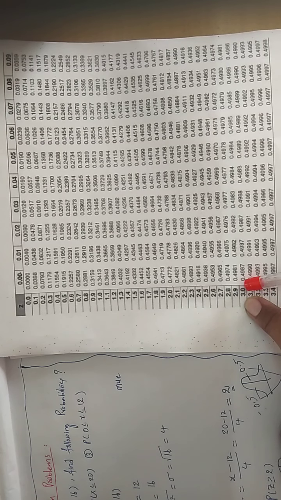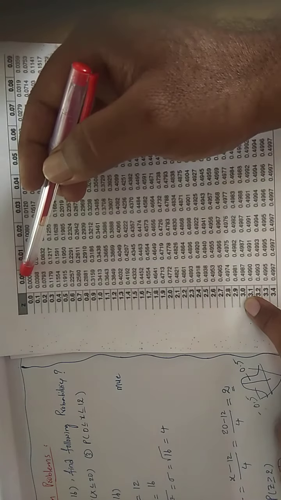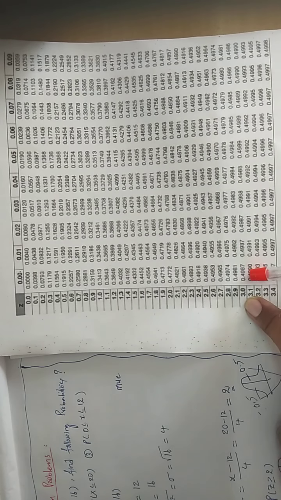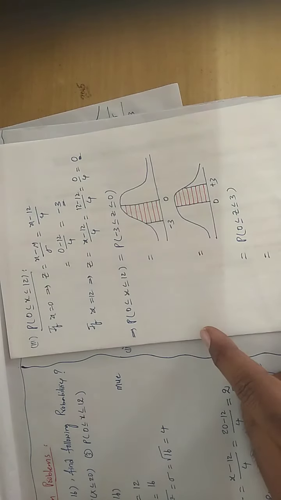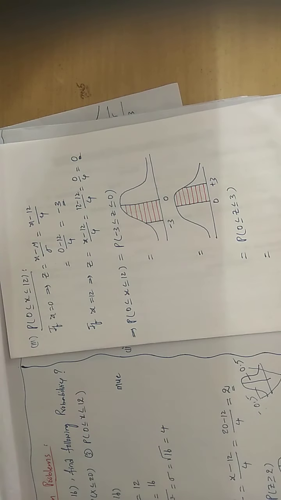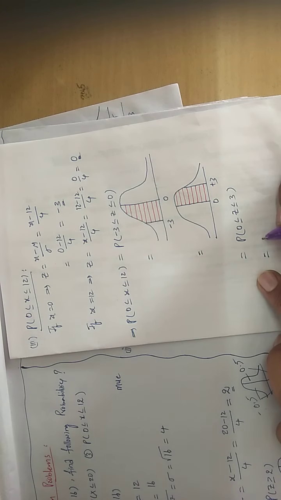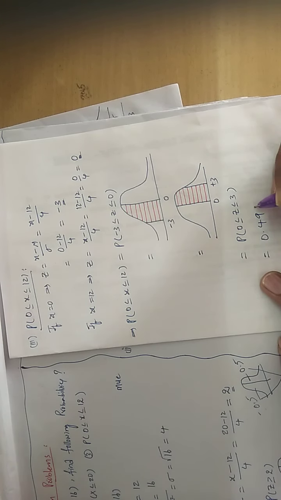Higher limit is 3, lower limit is 0. The corresponding value 0.4987. Okay. Now we substitute here. That's all.